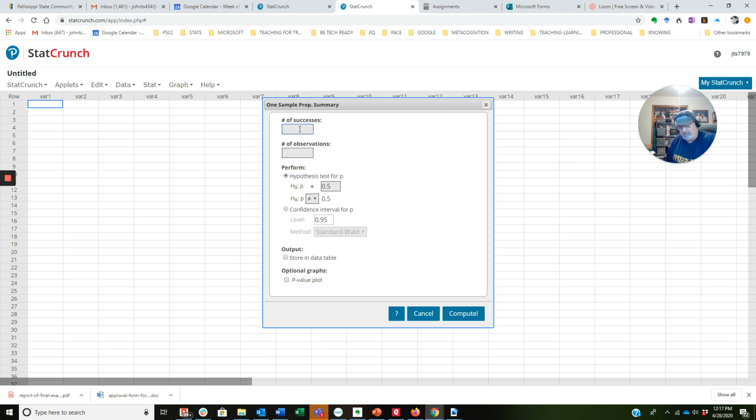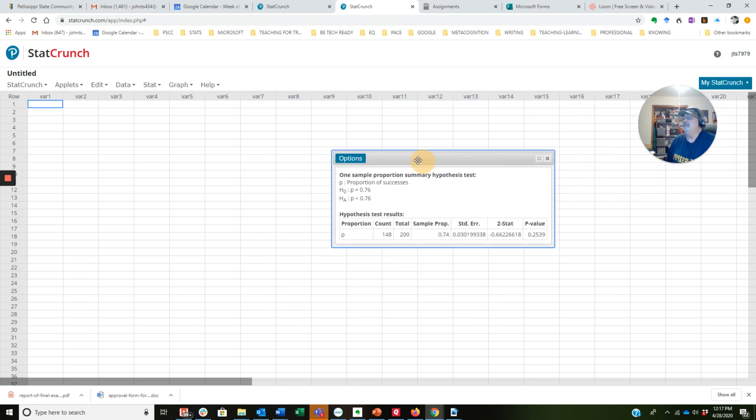My 148 is my x, and goes in this first field. Then I put 200 in the second field. I change my hypothesis to 0.76 and less than 0.76, making it a left-tailed test. I click Compute, and there we have it.